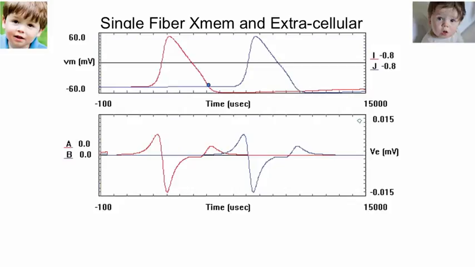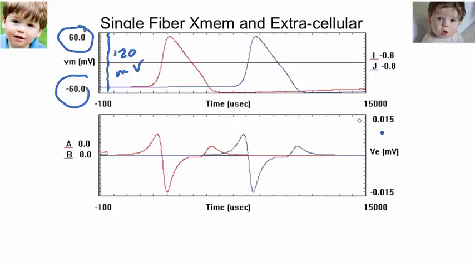And finally, I should note the magnitudes of the signals. Because of the way the graph is scaled, when you look at them here, they seem to be about the same. But when we look at the actual numbers, 60 and minus 60, we're on a vertical scale of 120 millivolts.